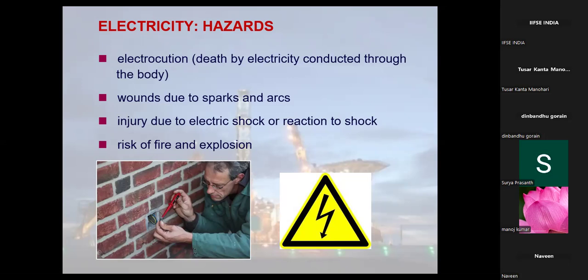Injury due to the shock is if you contact the electricity directly for a period of time. The reaction is the reflex action when the person contacts the electricity. Like, if you contact the electricity, the hand automatically goes back. So that is the reaction from the shock. Then you have the risk from fire and explosions.